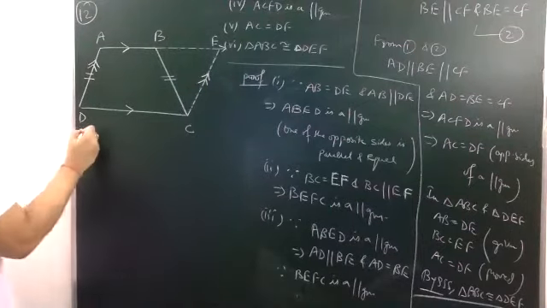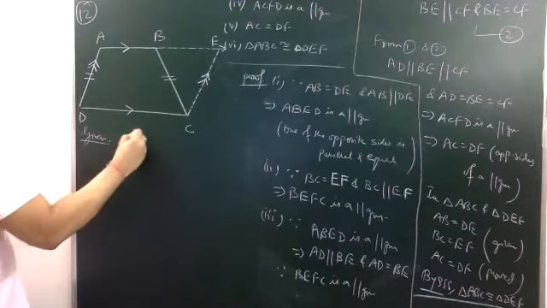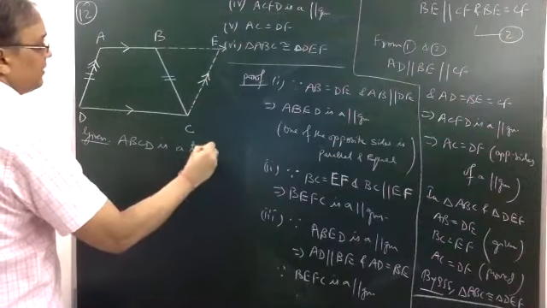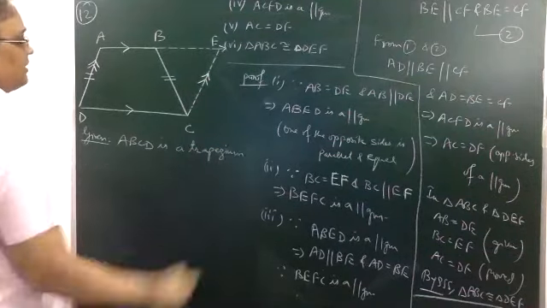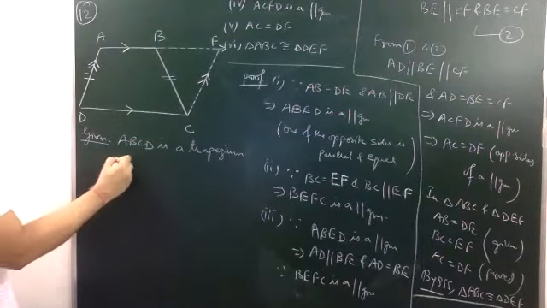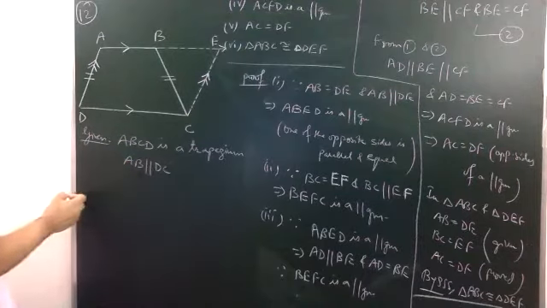So given, ABCD is a trapezium where AB is parallel to CD.